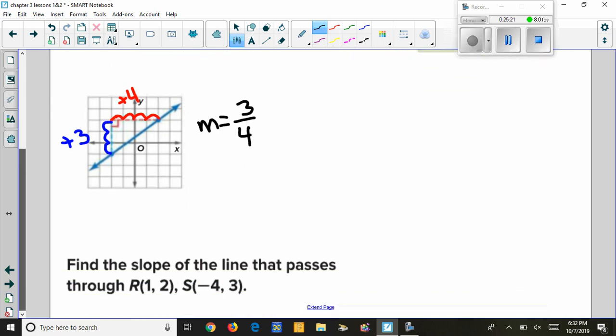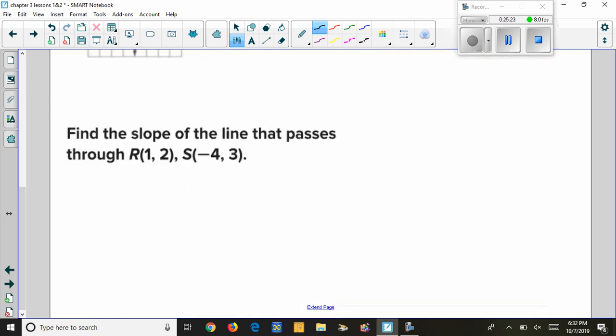The last way of finding slope is going to use a formula that we call the slope formula. And it states that the difference in my y values divided by the difference in my x values is going to be my slope. We're going to start by labeling my points.